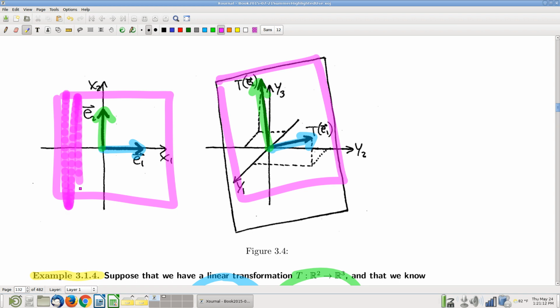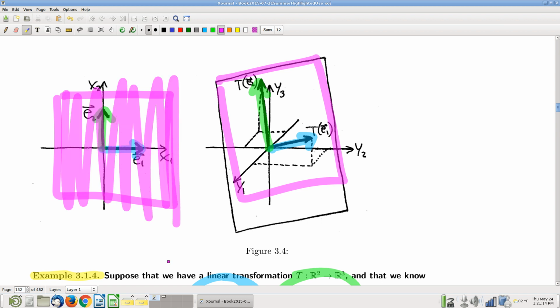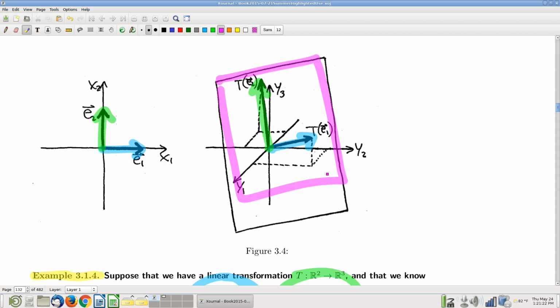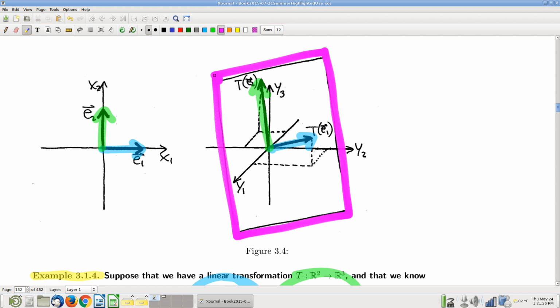Everything in all of the domain is some linear combination of E1 and E2, and therefore the outputs are all going to be some linear combination of T of E1 and T of E2. They're going to be in this plane that's defined by these two direction vectors, T of E1 and T of E2. Correspondingly.